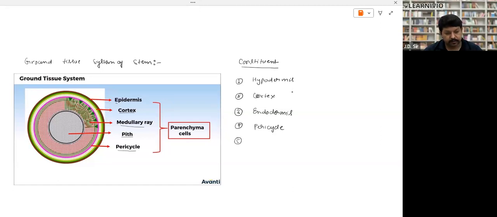Fifth and sixth, medullary rays and pith. Okay, right?